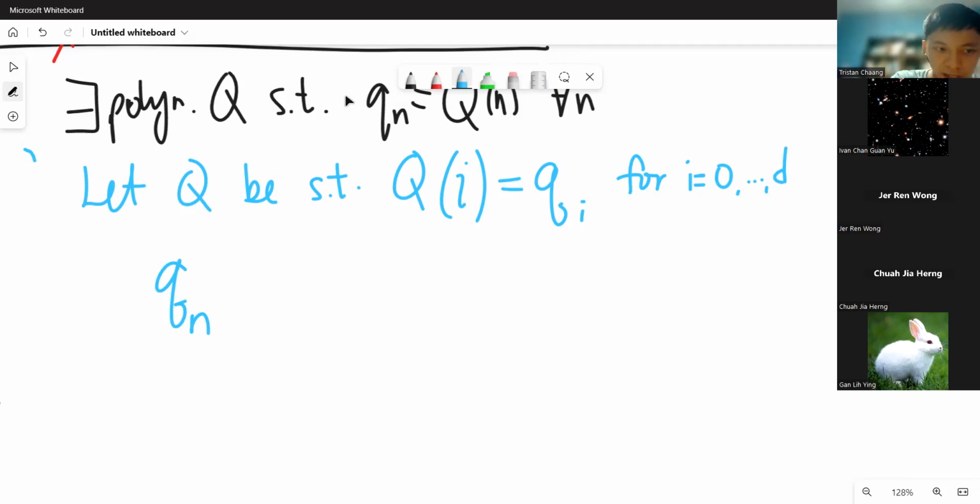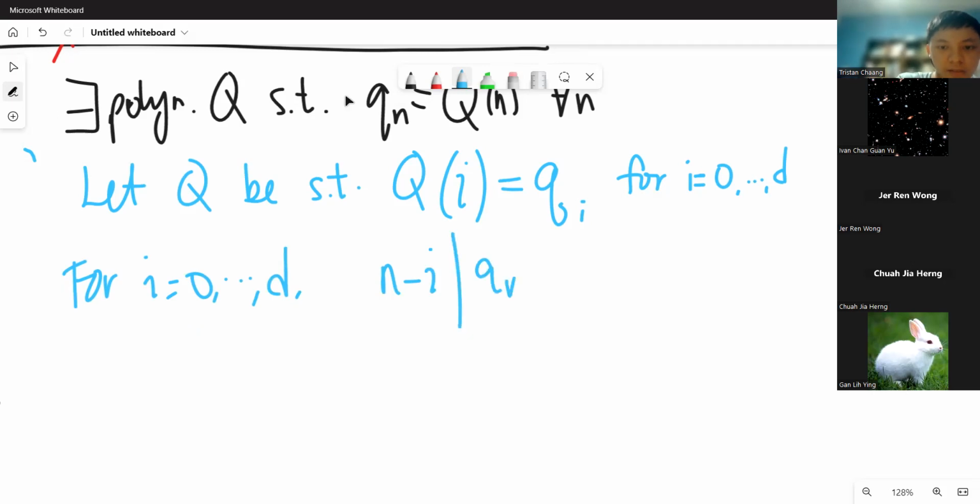Well, I can say that for any i between 0 and D, n minus i divides Qn minus Qi.